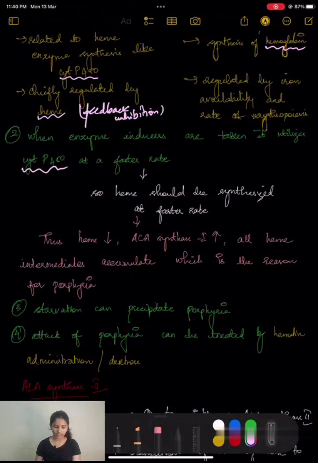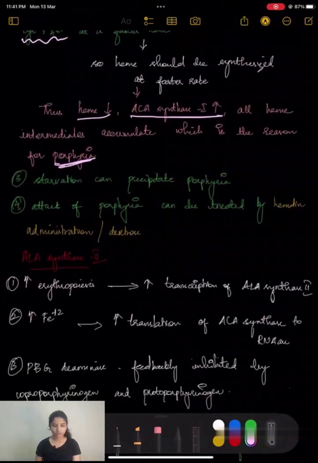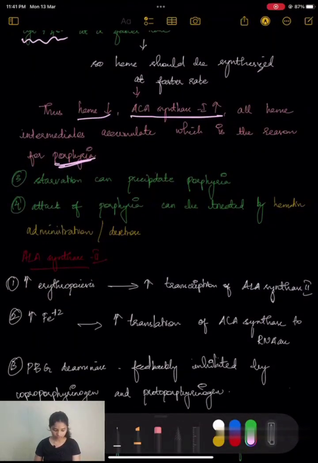So what will happen is that heme automatically gets reduced, ALA synthase 1 is increased, and all the heme intermediates accumulate, which is a reason for the porphyria. Now coming on with starvation, which can precipitate the porphyria, and the last one is that the attack of porphyria can be treated with the help of hematin administration or dextrose.